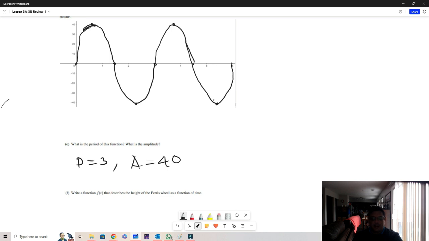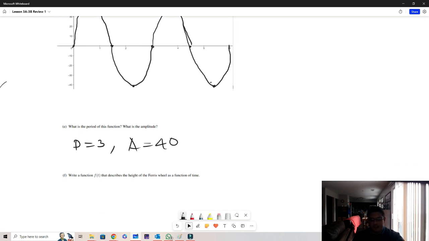And notice that a general function that describes the Ferris wheel is going to be given by f of t equals 40 sine, remember this is the amplitude, sine of speed times t. We have the period, but we don't have the speed or the frequency, so we can just remember the formula.